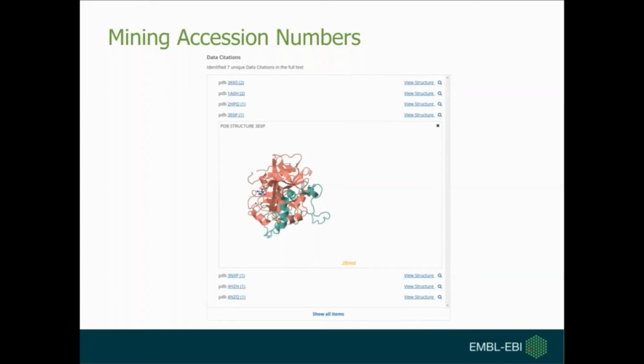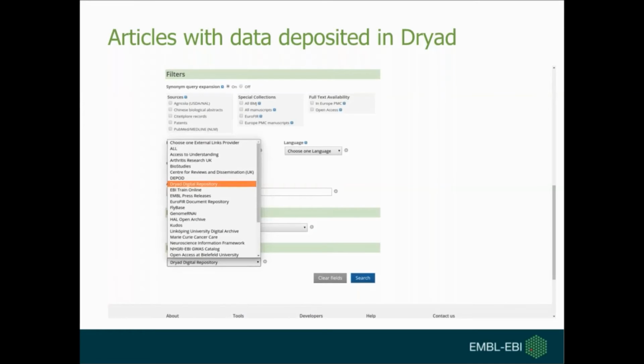On Europe PubMed Central, there is a mechanism called external links, by which users can provide relevant URLs to Europe PubMed Central. For example, if you deposited data in Dryad and you know the relevant articles, you can provide a mapping table between the data you deposited and the related articles.